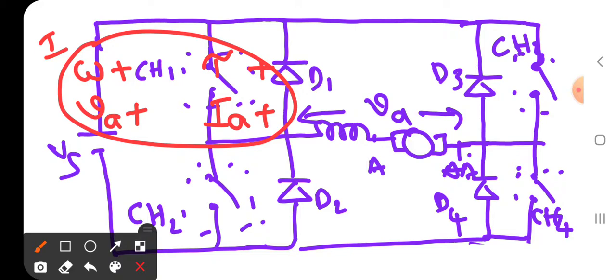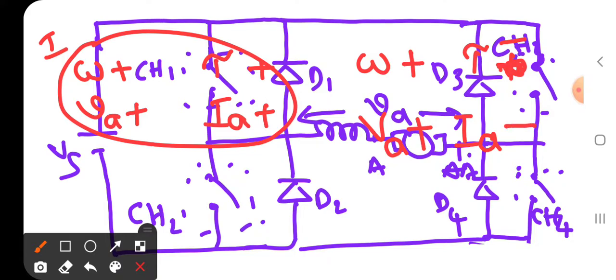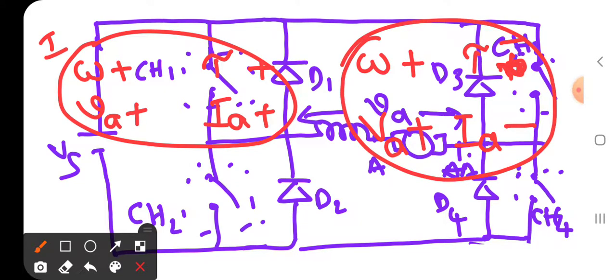In the second quadrant, omega is positive only, but torque is negative. That means VA is positive and IA is negative, the reverse direction of current.